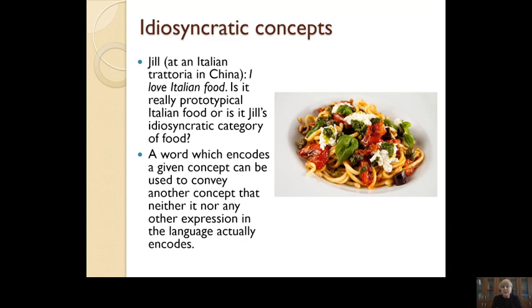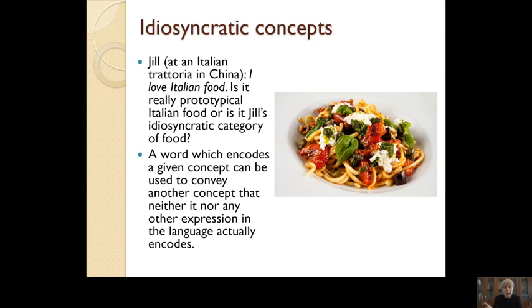Now, one more example of an idiosyncratic concept. Jill is at an Italian trattoria in China, mind you, and then she says, I love Italian food. And the question is whether what she's been served is really prototypical Italian food, or perhaps it is Jill's idiosyncratic category of food.